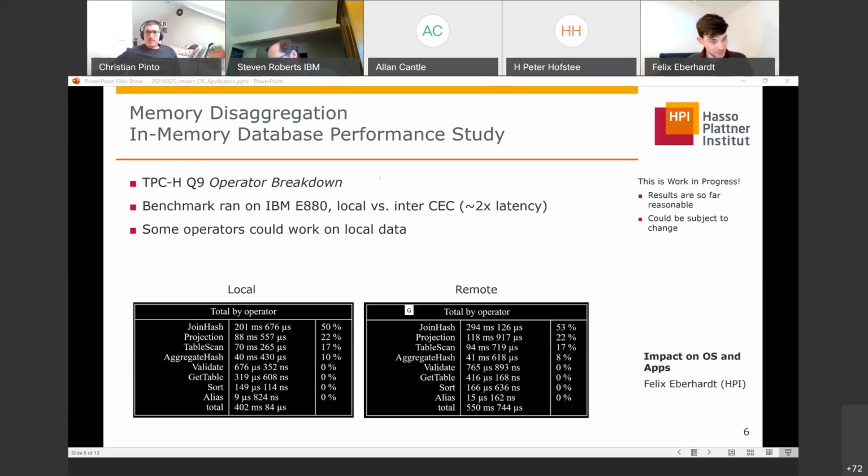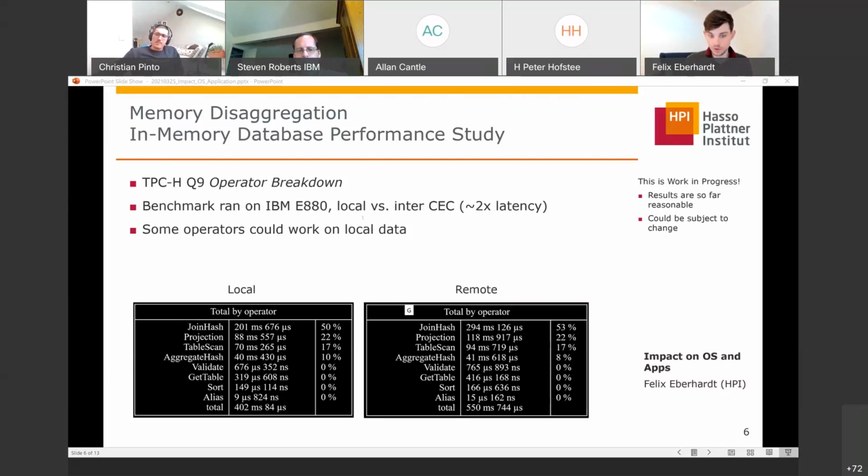Now, another spoiler. These results here are currently not run on a ThymesisFlow prototype, but we are working on it. So these numbers are basically produced using a Power 8 scale-up enterprise machine, right? One of those rather big E880 machines. And the reason is you have, let's say, similar behavior.